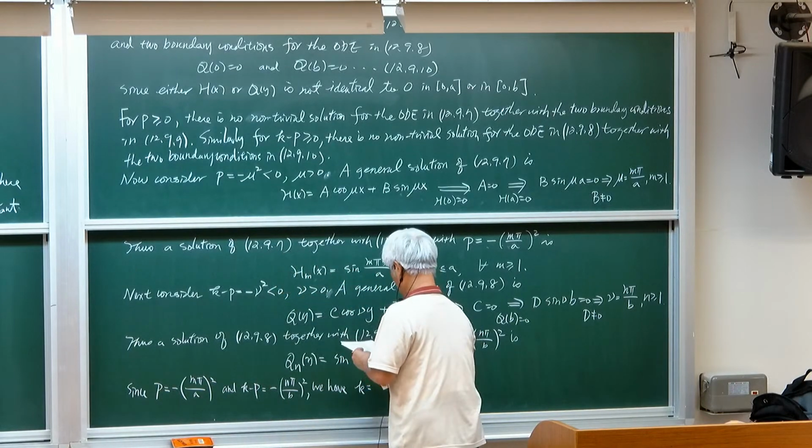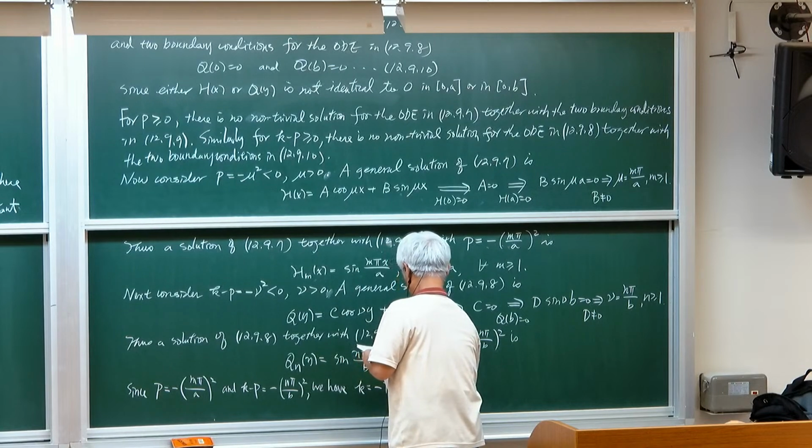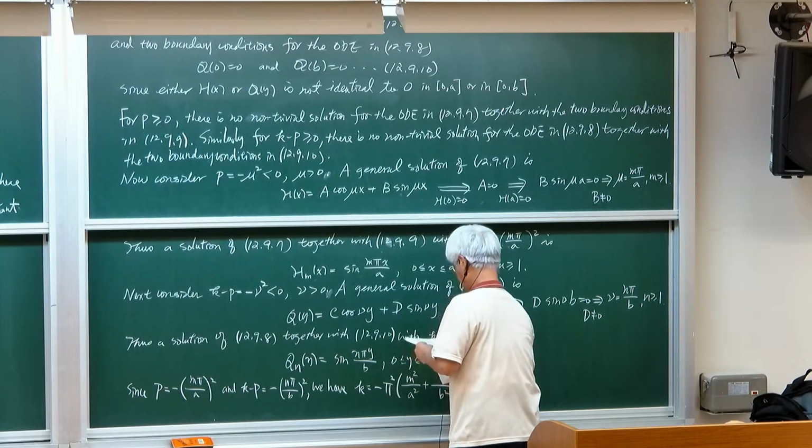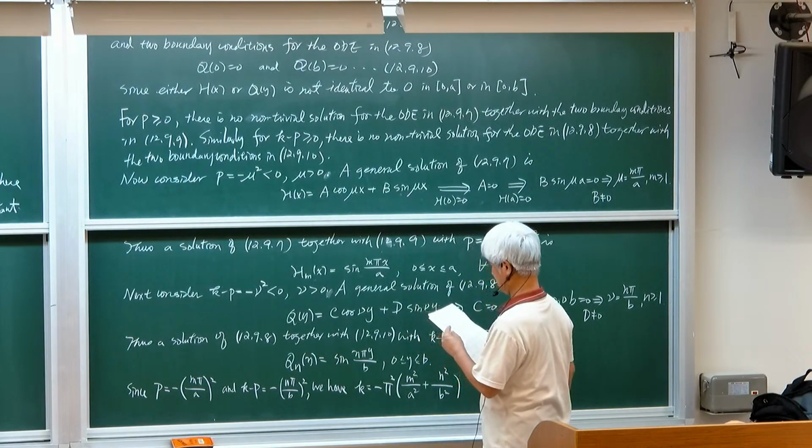And now we have minus pi square times m square divided by a square plus n square divided by b square.